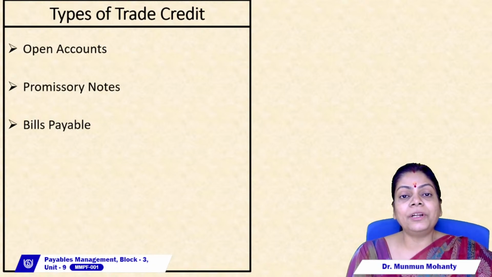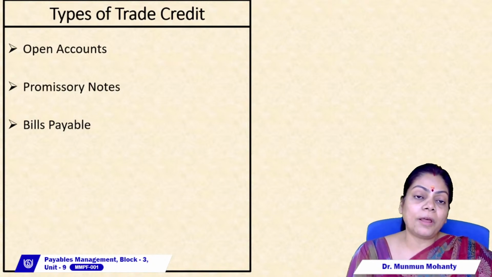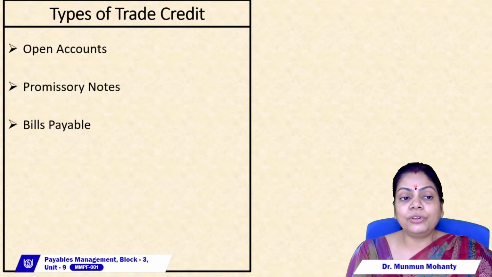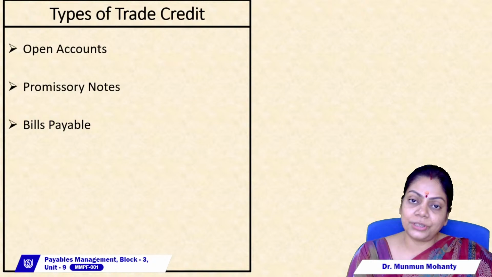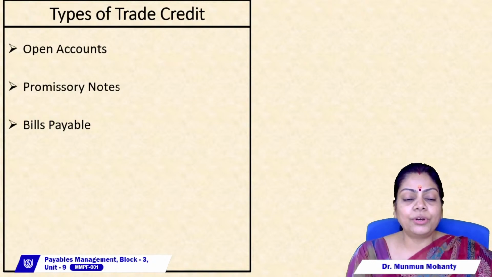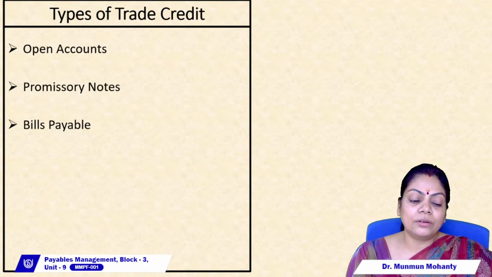Then the supplier of funds loses trust in you, and he can say, okay, I'm still willing to do business with you, but you sign a note, you create a promissory note, wherein you give me a commitment that you are going to pay me this particular amount on this particular date.